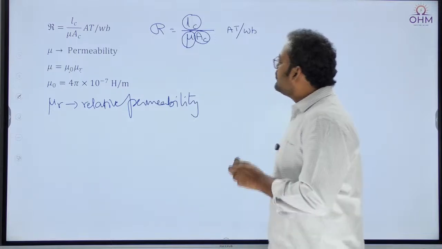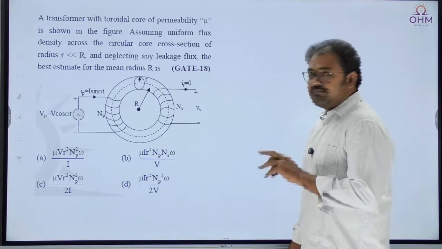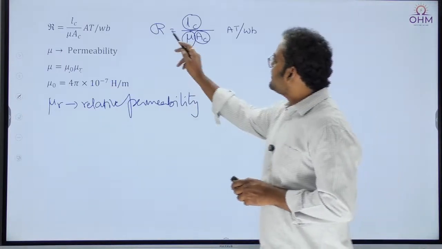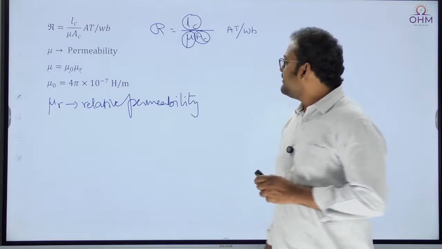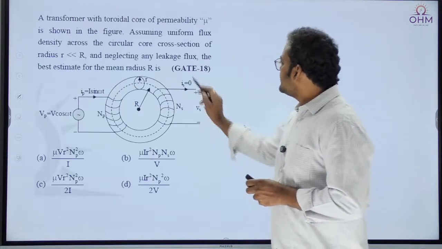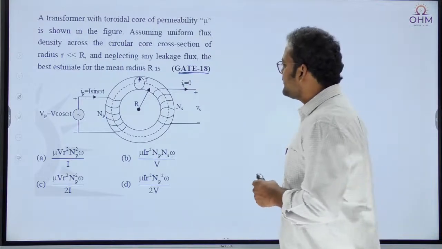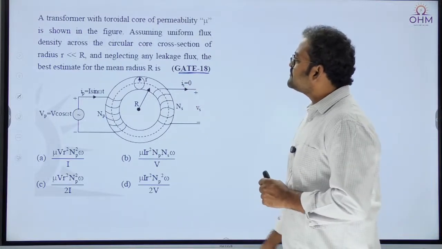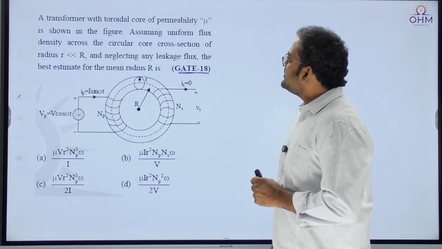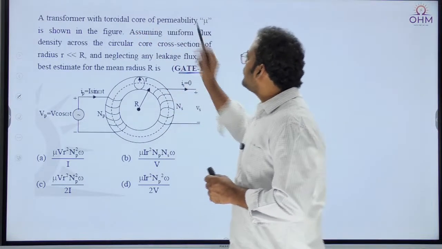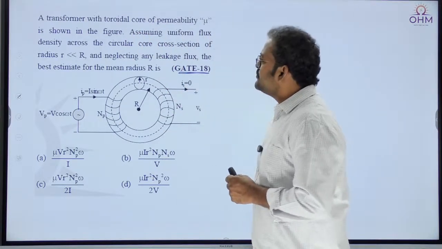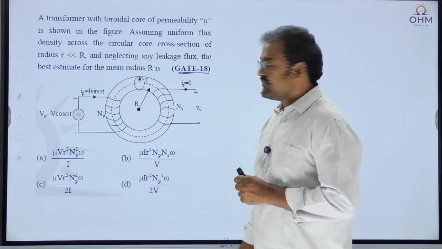Now we will try to answer one simple question related to this reluctance formula of a magnetic medium. This is a question in GATE 2018 for 2 marks, an important model. Just to go through the problem: a transformer with a toroidal magnetic core of permeability mu is shown in the figure.